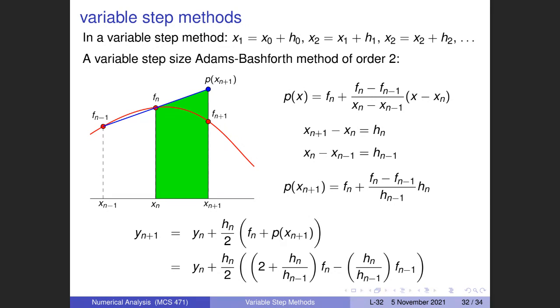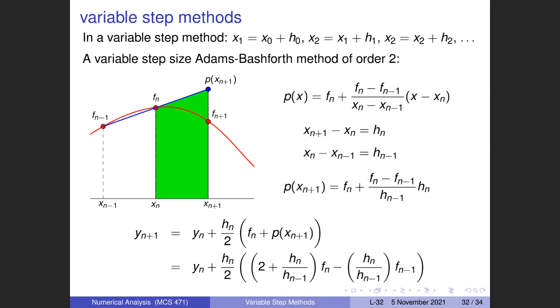So can we then derive also a formula? Well, yes, we can. Here you see the generalization of an Adams-Bashforth method with two function evaluations, so a 2-point Adams-Bashforth variable step size method. We have the same interpolating polynomial, so that it is a line, and we evaluate it at xn plus 1, but now the h values no longer cancel each other out.